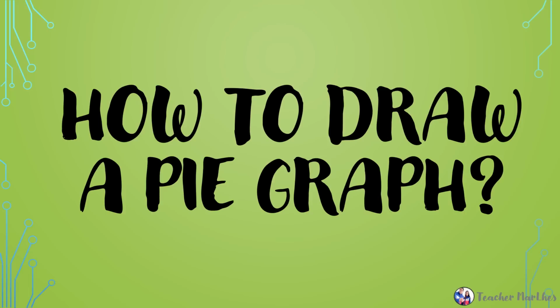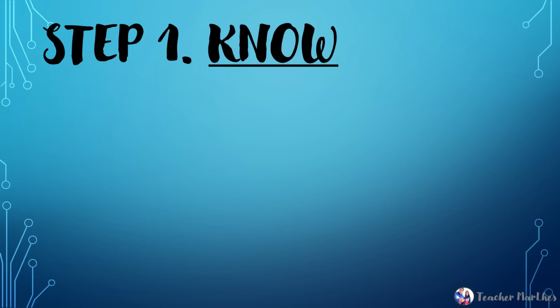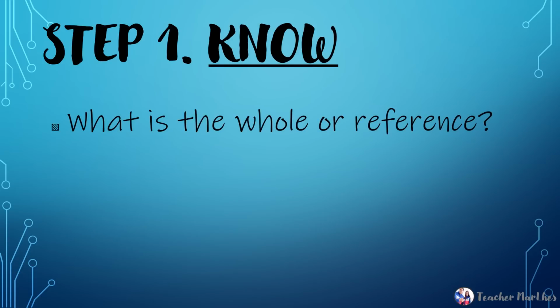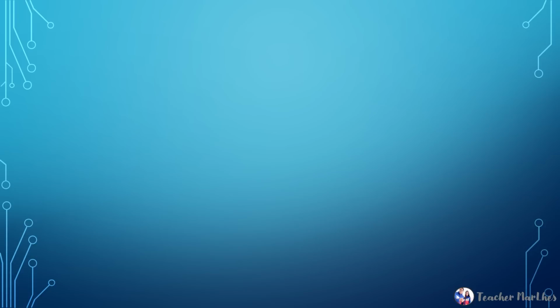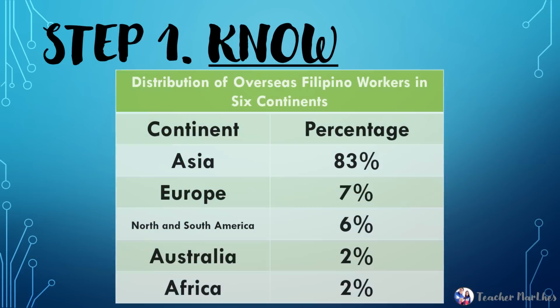So how to draw a pie graph? These are the steps. Step 1: Know what is the whole or reference and the parts of the pie graph. What are the sections, and what is the pie graph about? For example, if we are going to make a pie graph about this table, the pie graph is about the distribution of overseas Filipino workers in 6 continents.